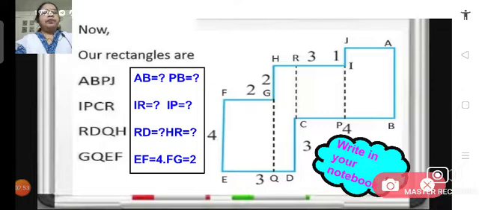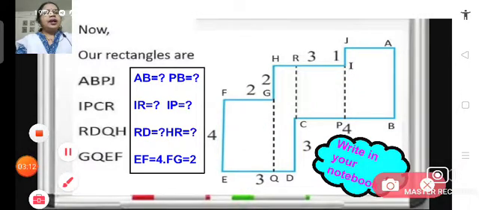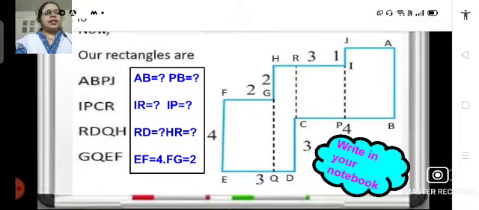They are AP, AB, PJ, and then IPCR and RD, QH and GQEF. By drawing these lines, we have split the figure into 4 rectangles. Now what we have to do? We have to find the length of sides so that we can find the areas of these rectangles.